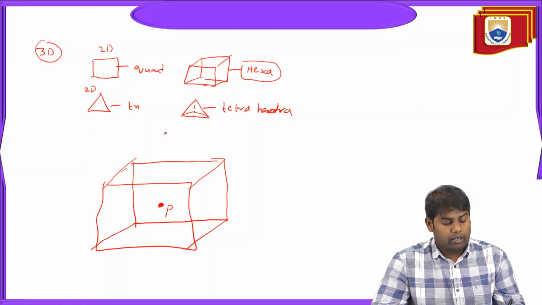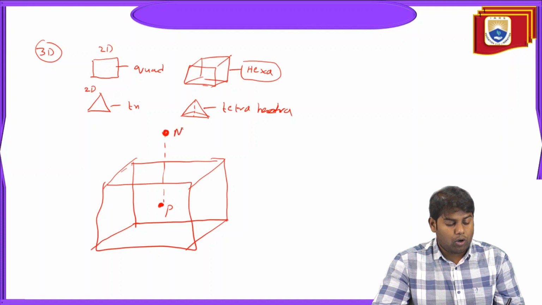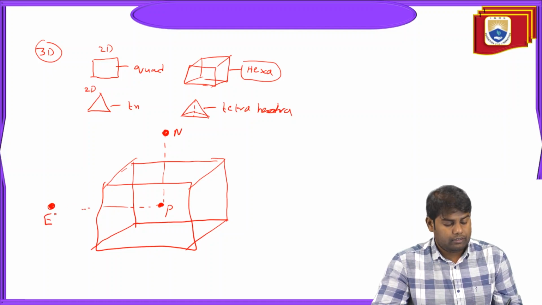Similarly, we have to imagine we have another cube on the north or the top. Okay, and here there is one more node which is called east. So sorry, this is west.